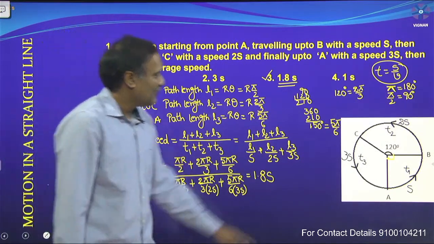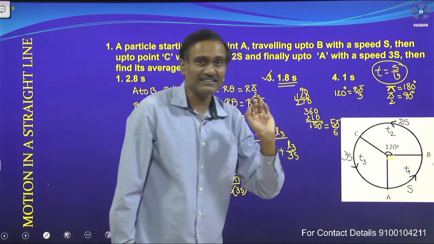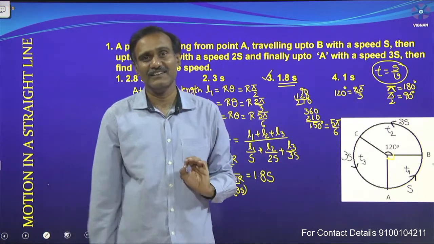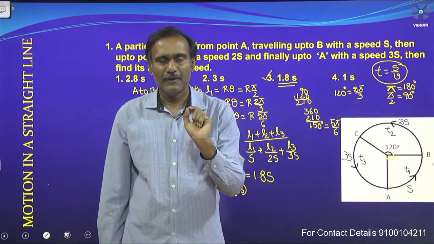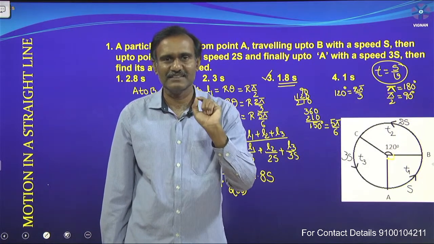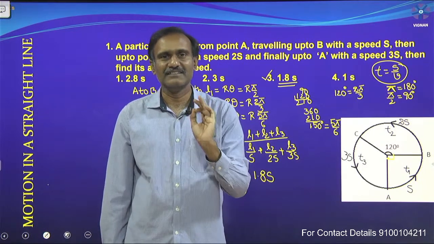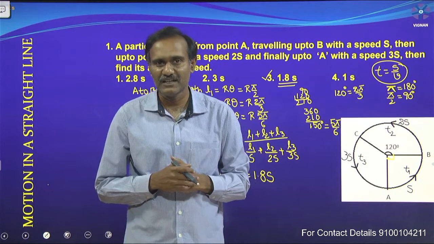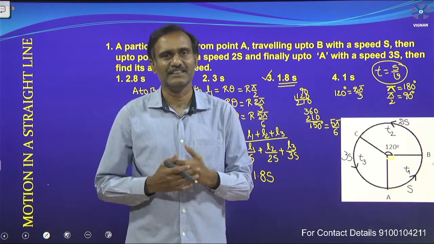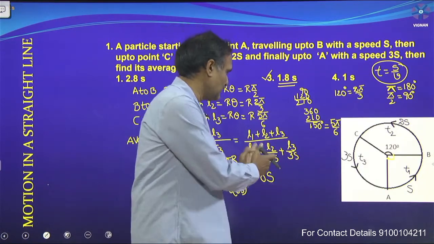But here, while the particle moves along the circumference of a circle, if its radius makes an angle theta at the center, then the distance travelled by the particle can be calculated by using the formula r into theta. That formula we used here.